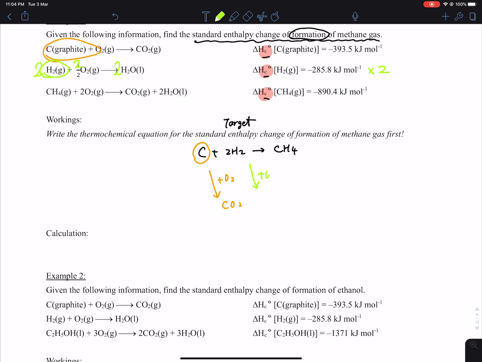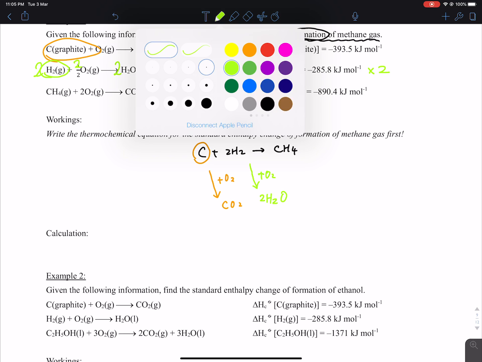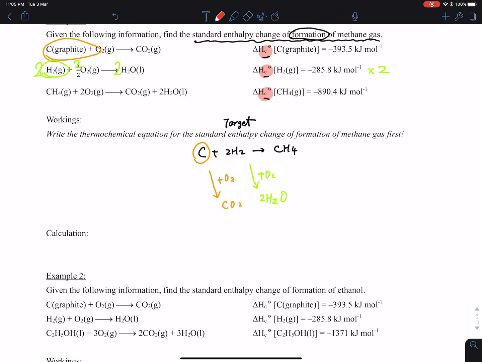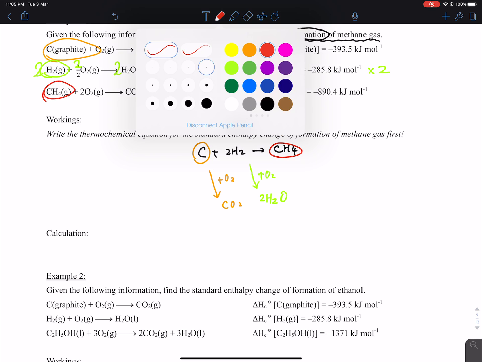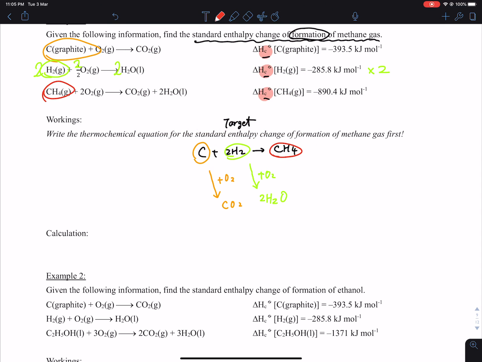So plus oxygen becomes 2H2O. Okay, next one. The last equation over here, it should be used over here. See? So CO2 plus 2H2O becomes CH4 plus 2 oxygen. It fits the third thermochemical equation.